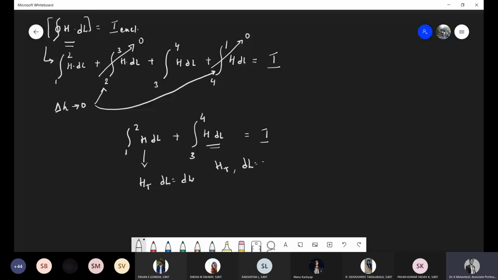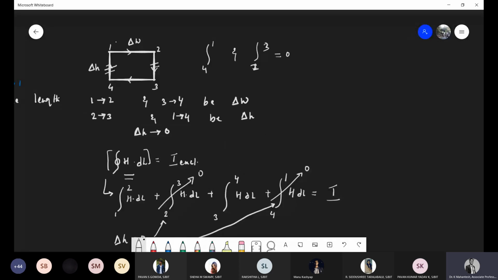Why minus dw? I'll go back to this figure. If I take the direction of 1 to 2, it is delta w, positive. Here, since I'm coming back, it is opposite to this direction, so I call this minus delta w.